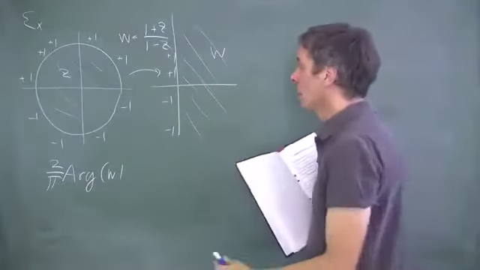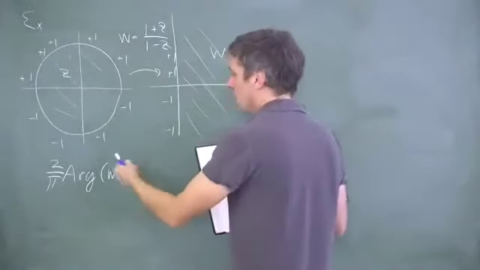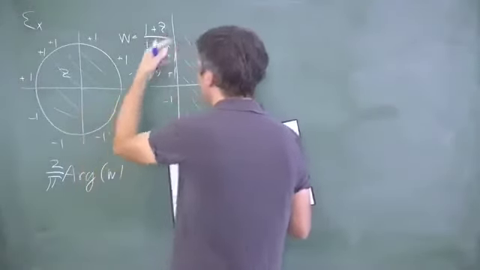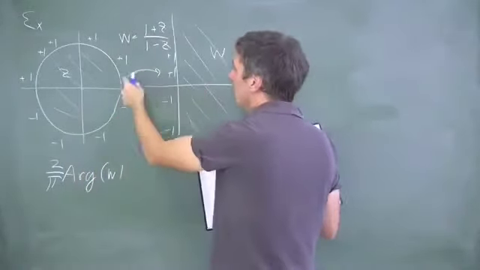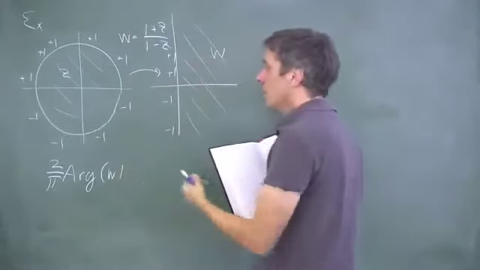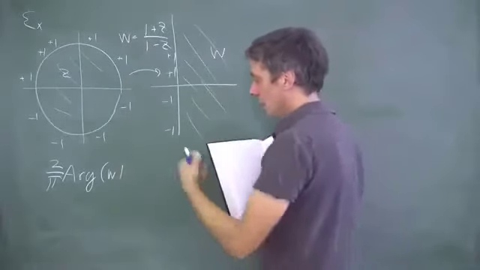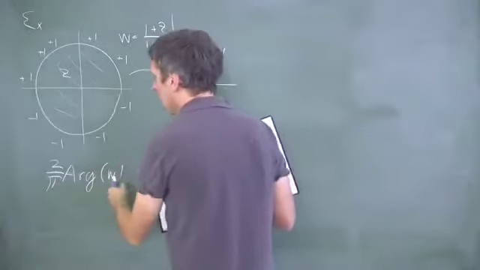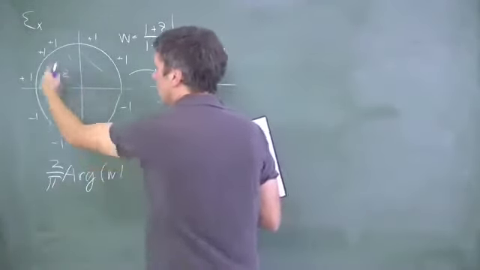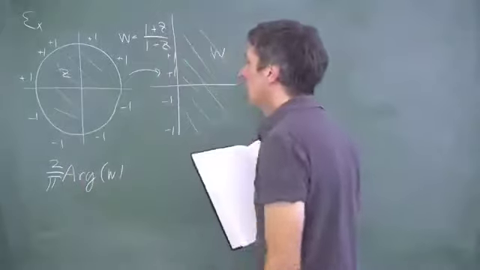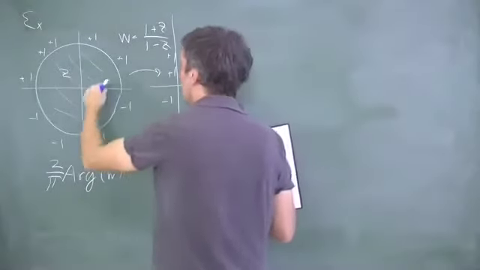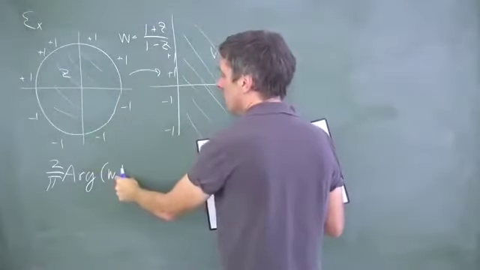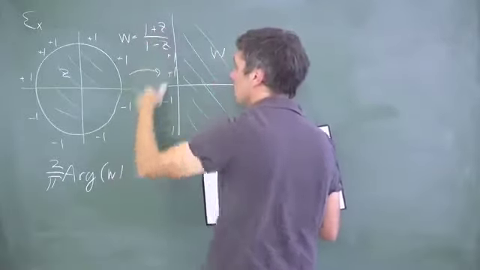And now we also know that if you compose a harmonic function with an analytic function, then the result is a new harmonic function. So we can actually move this function back to the unit disk by inserting, instead of W, this function here.